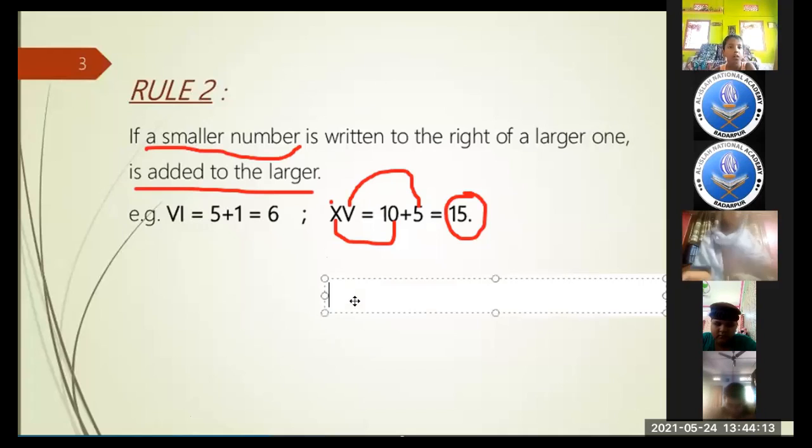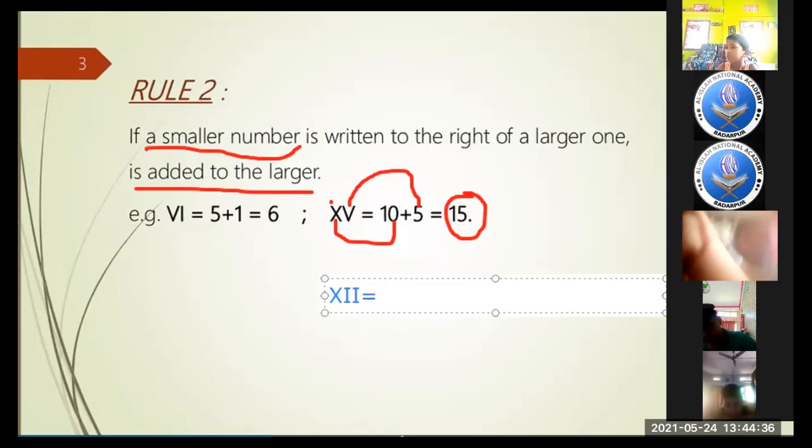One example I'm writing, that is X, I. Now you tell me the answer.